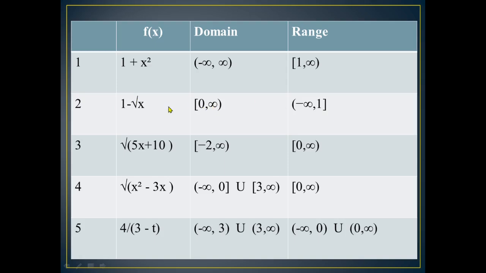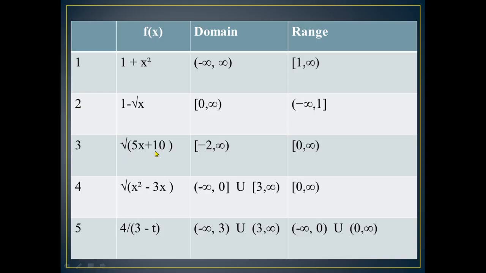When x equals 0, the y output will be 1. So when the input is increasing from 0 to some real value or infinity, the output decreases from 1. The maximum value is 1, and it allows all real values less than 1. So the range is minus infinity to 1.